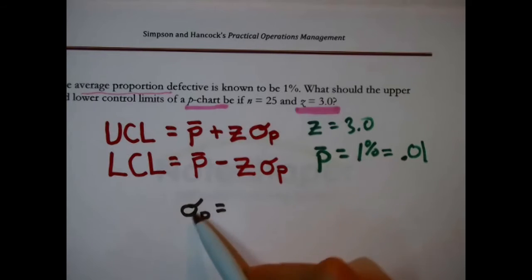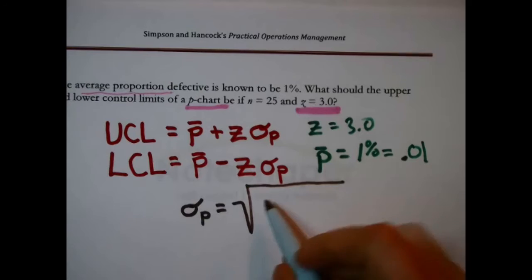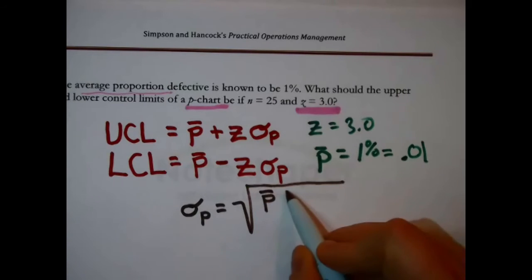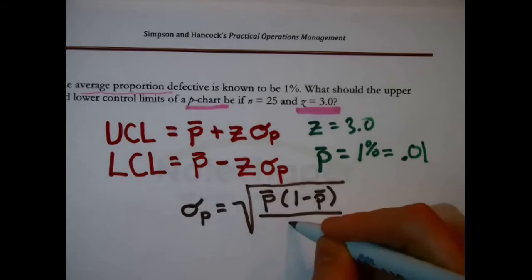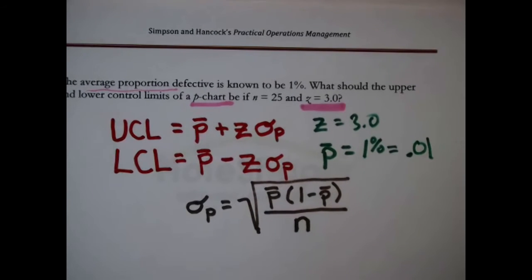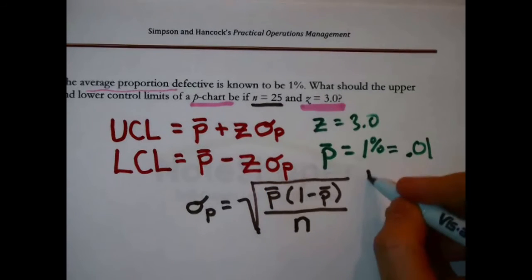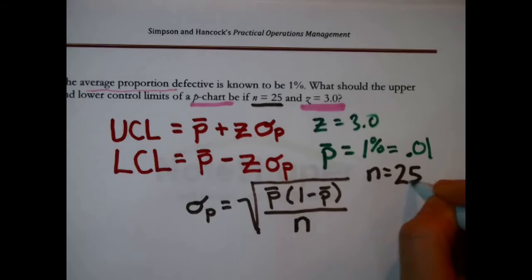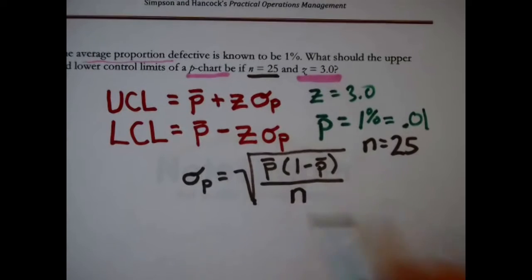So we remember that this standard deviation of sample proportions is the big square root of p bar times 1 minus p bar divided by lowercase n, always being, in statistical quality control, the size of the sample. I knew we were going to use this for something that we were actually told here, n equals 25. So now we have everything that we need.